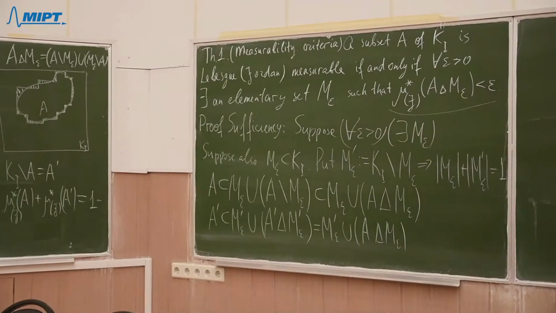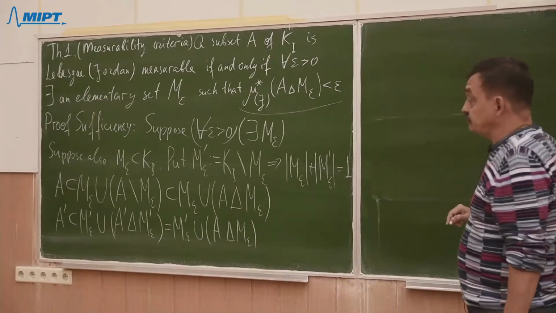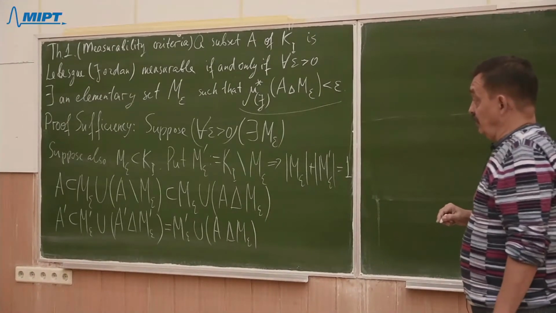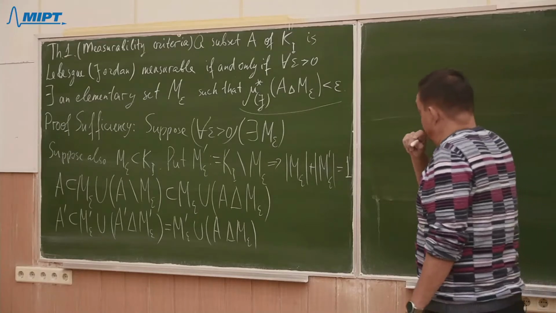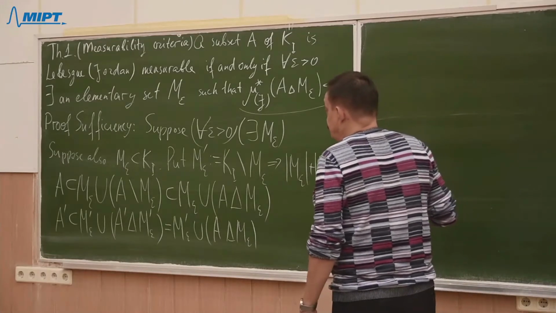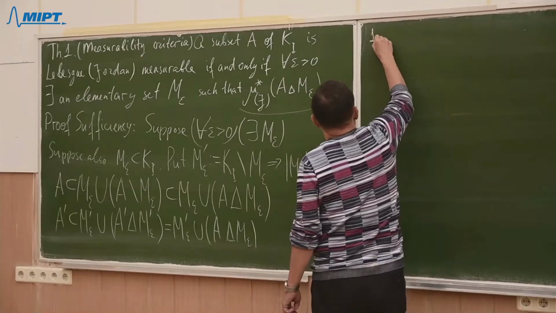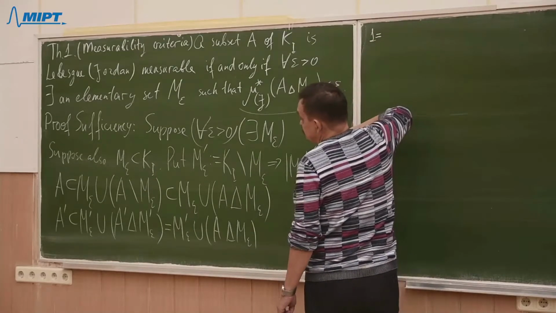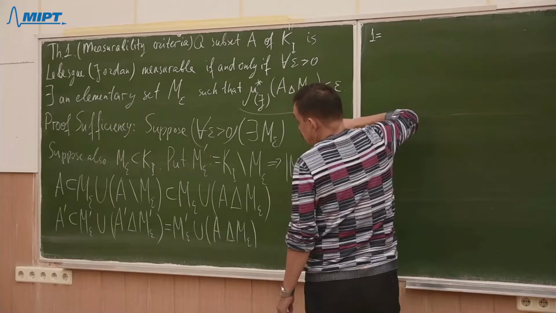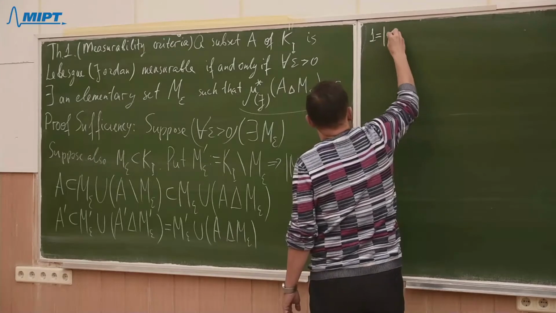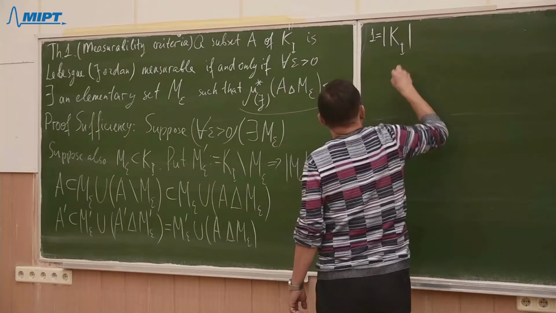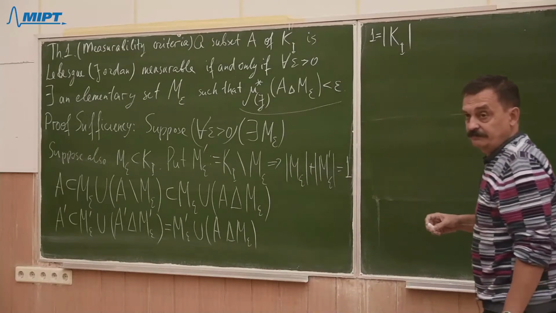Now, look. I can write the following chain of inequalities and equalities. One is equal to the volume of our fixed cube, Ki.